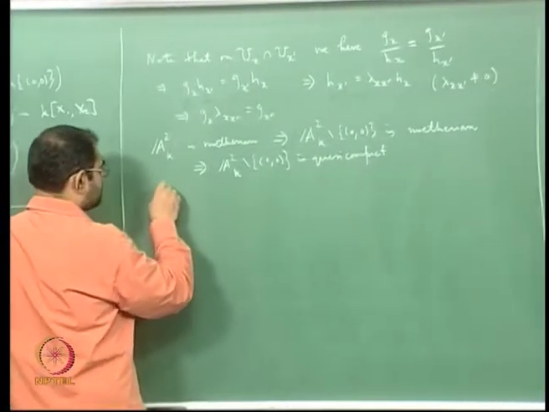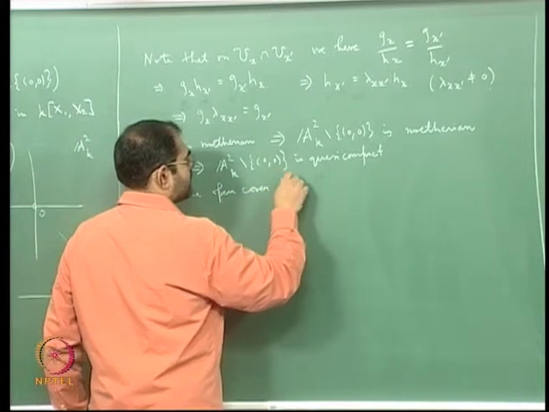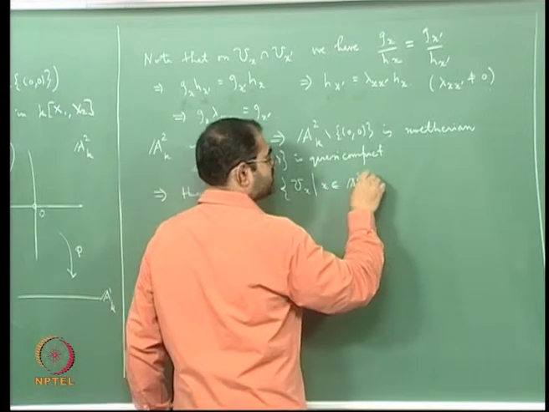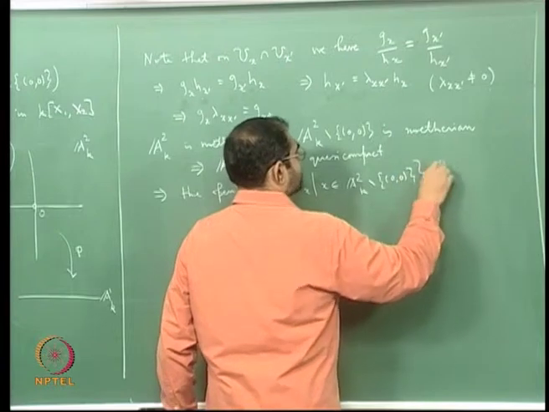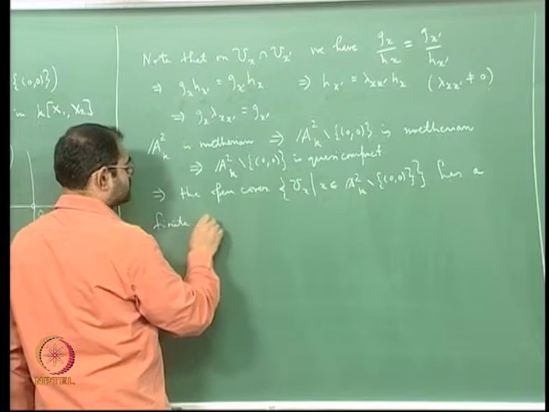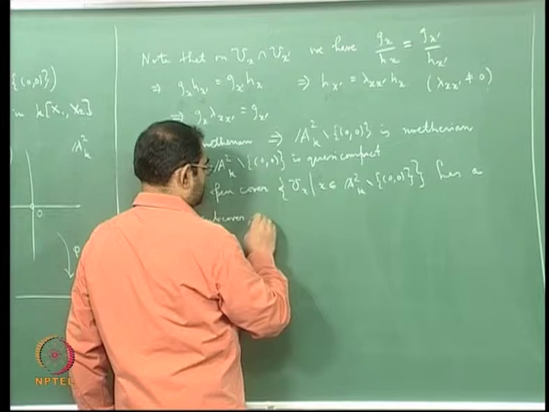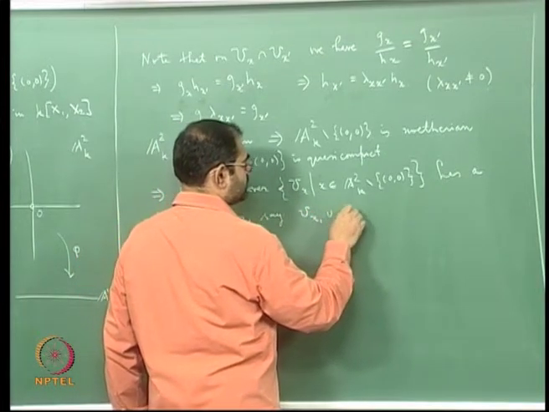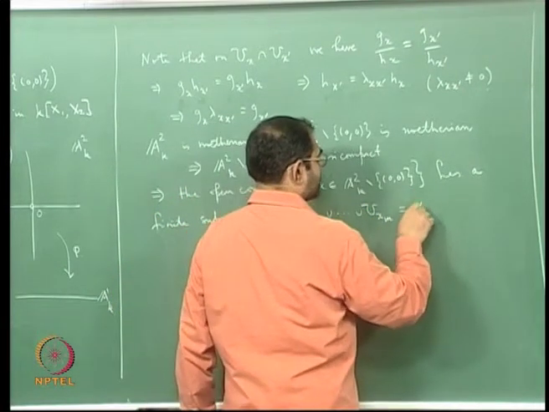So this implies that the open cover Ux, x belonging to A2 minus a point, the punctured plane, has a finite subcover, say Ux1 union through Uxm is equal to A2 minus a point.